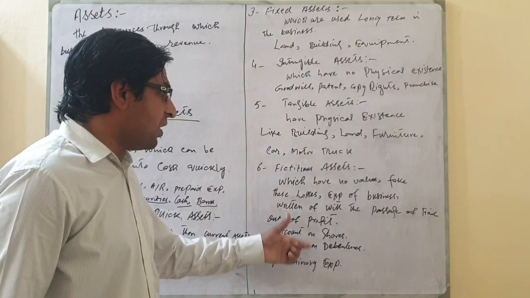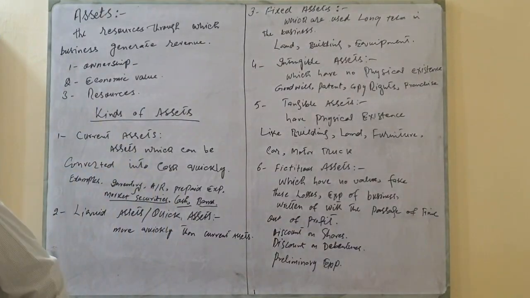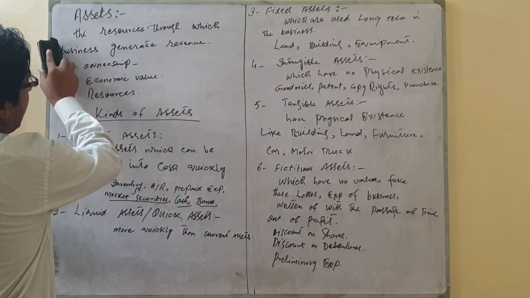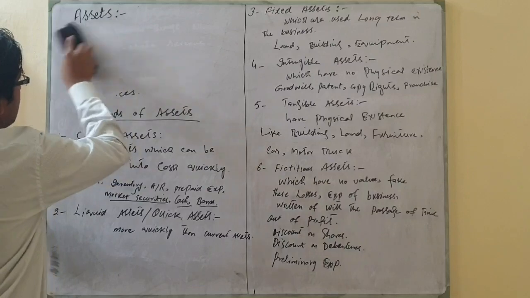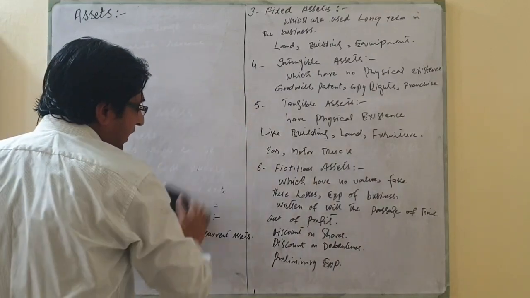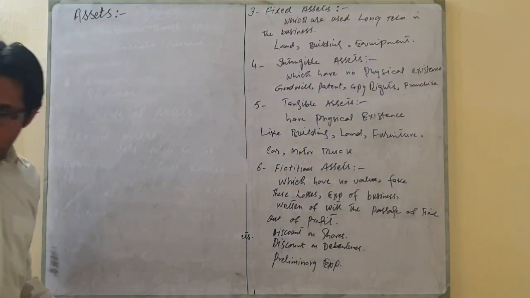All these are called fictitious assets. Now we look at another category, that is wasting assets. So we study what are wasting assets and what are the examples of those wasting assets.